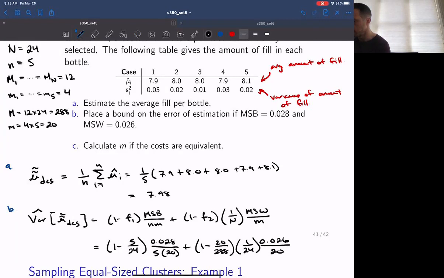I think I just made a bit of a mistake with my language here.